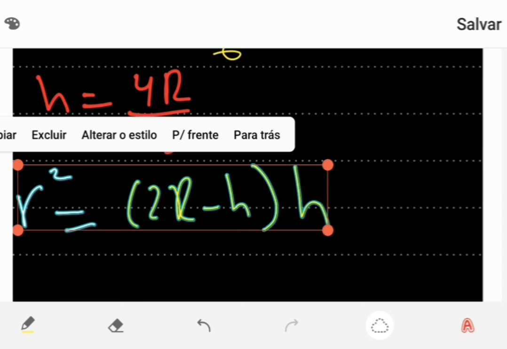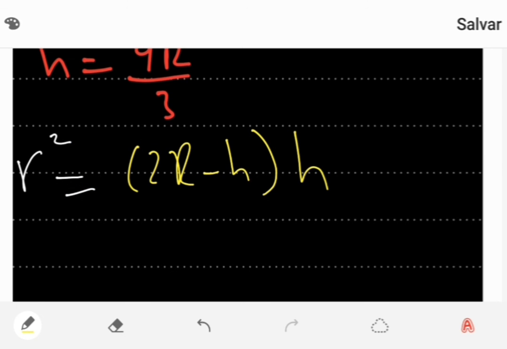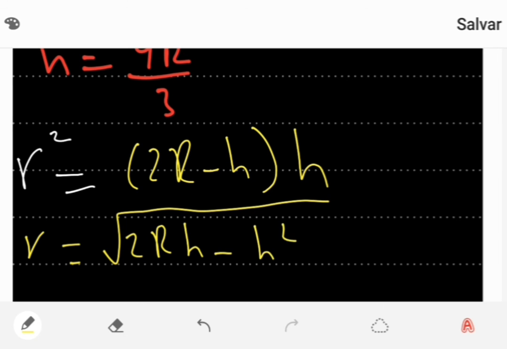Now what is the value of r? Let's put h. So r is going to be the square root of 2Rh minus h squared, right?